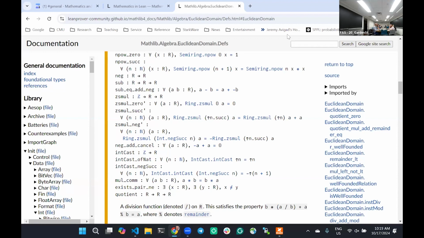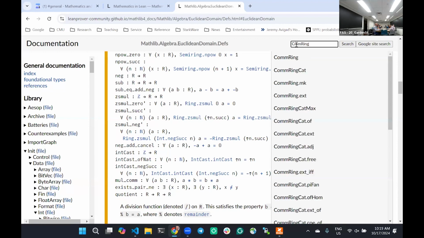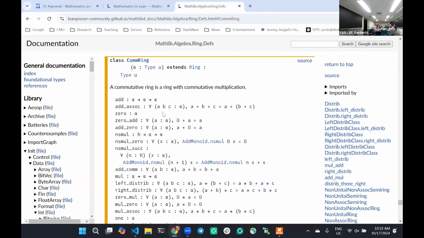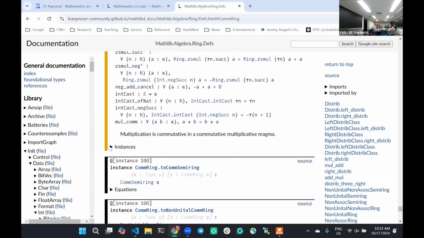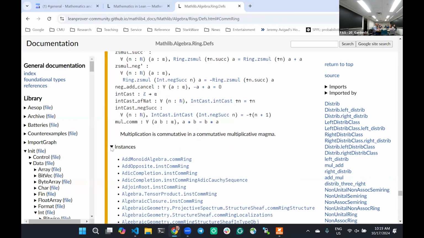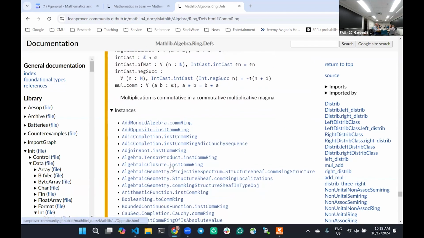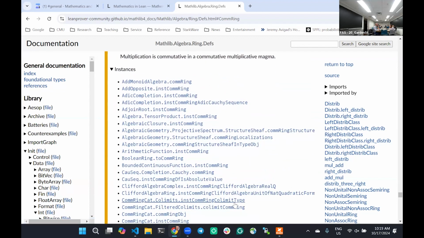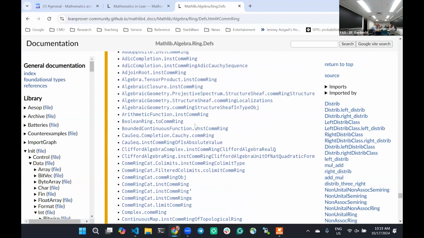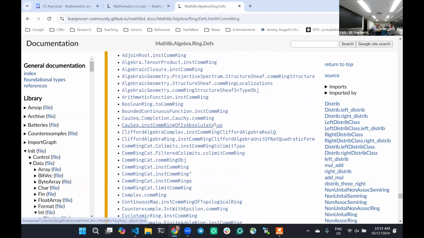And the other way you can go is, rather than look at the concrete instances and some of the things that it's an instance of, you can say, here's a commutative ring. Show me things that are instances of a commutative ring. Every Boolean ring is a commutative ring.